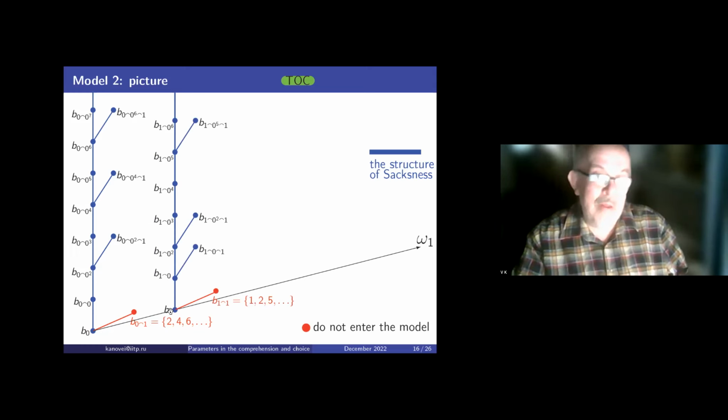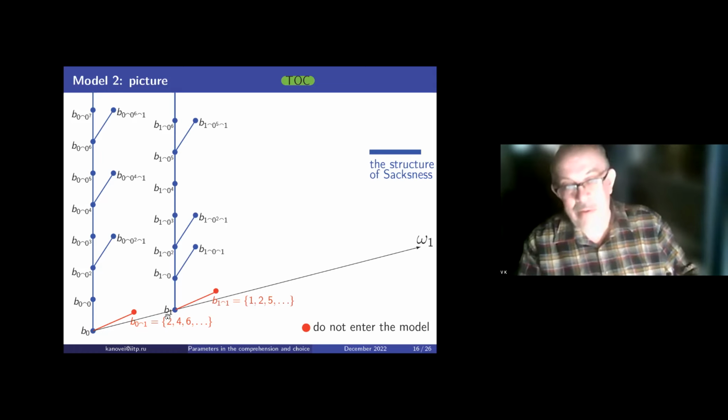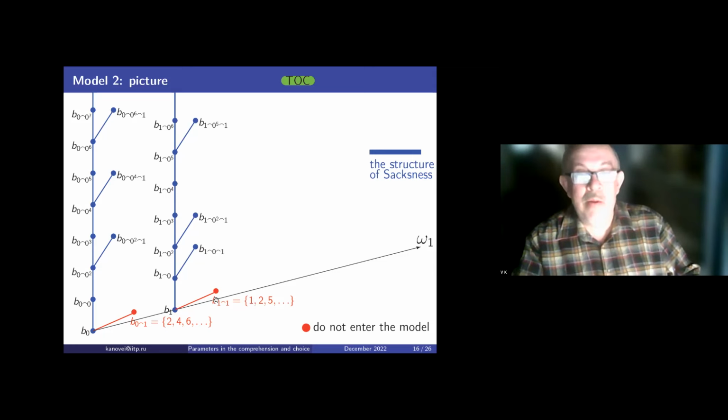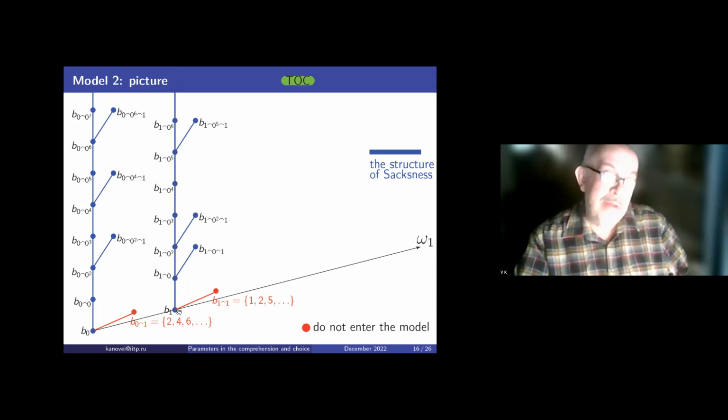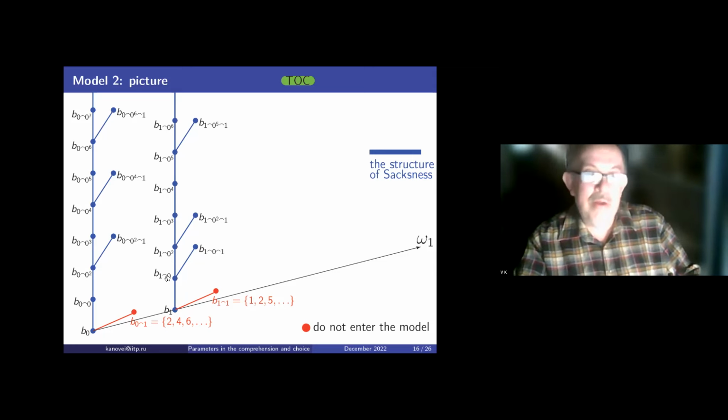Namely, take the next successor real B1. It again has its red extension B sub 1 by 1. It has also its blue extension, just an omega-long branch of the reals, with these indices 1 and a number of zeros.